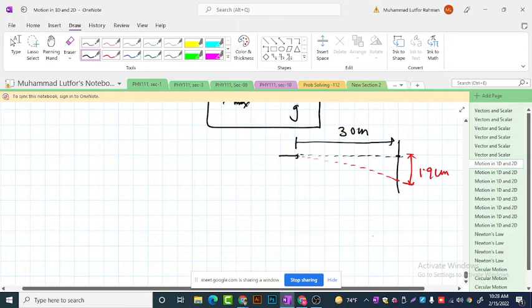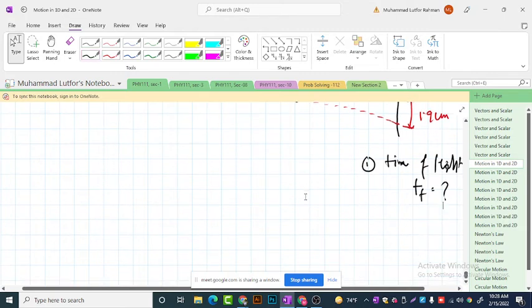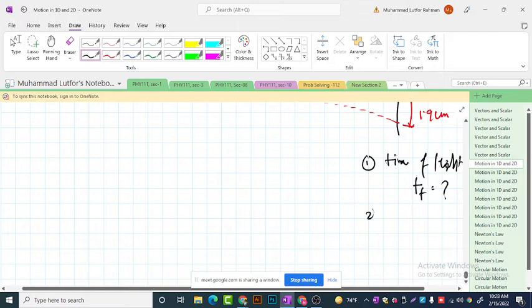Now the question they ask you is, what is the time of flight, the total time in flight mode? This is the first question. And the second question, what was the initial velocity v naught x?